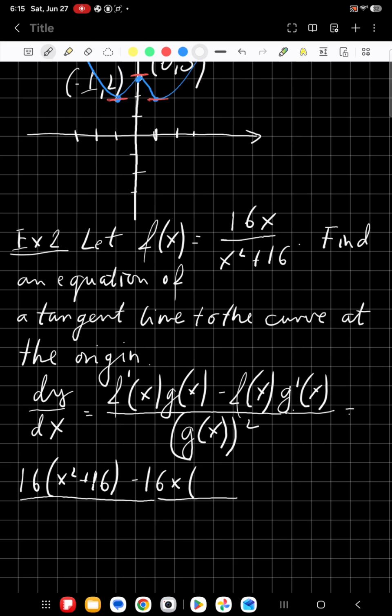The bottom function is here, so its derivative would be 2x, and then we have x squared plus 16 squared.